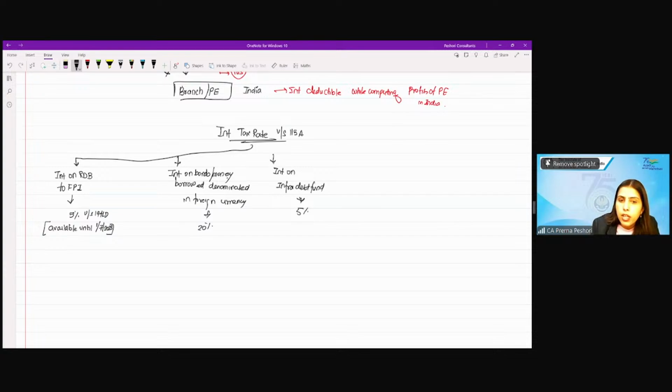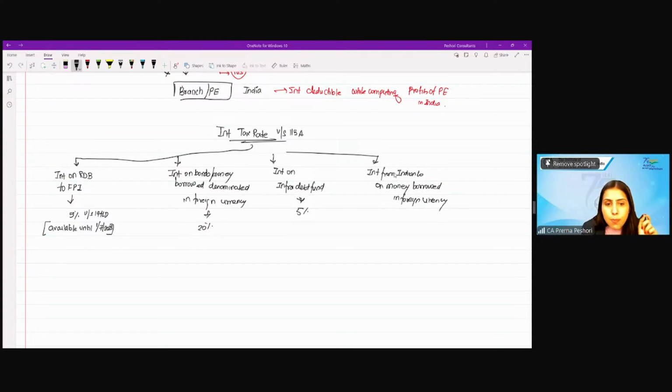Next is interest received from the infrastructure debt fund, 5%. Interest received from the Indian company on money borrowed in foreign currency, if the interest is under a loan agreement which is prior to 30th June 2023.